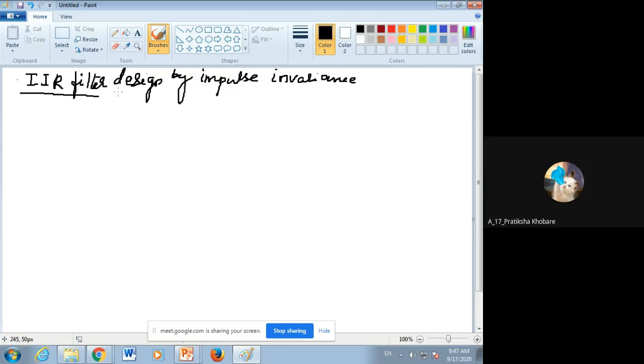Feedback is absent in FIR. Nature of FIR filter is non-recursive and nature of IIR filter is recursive. Then what else again? FIR is more stable and IIR is less stable.